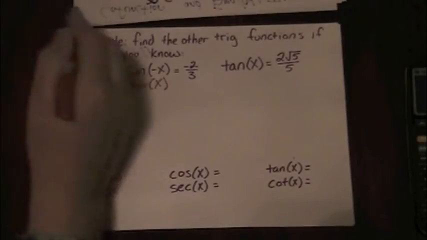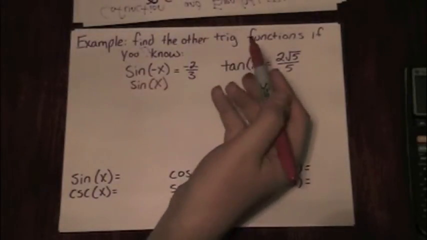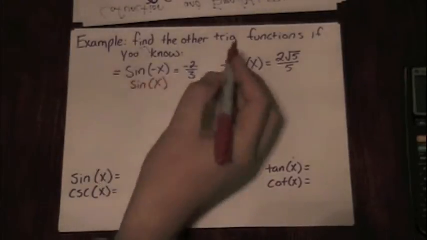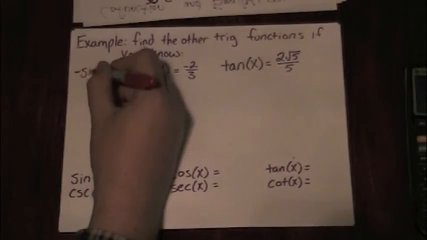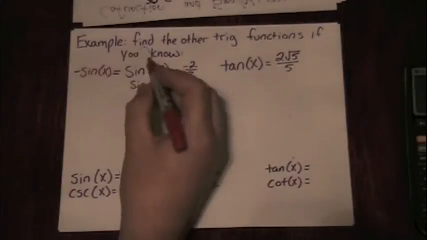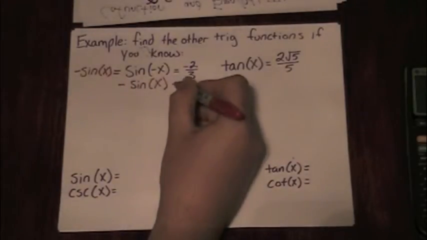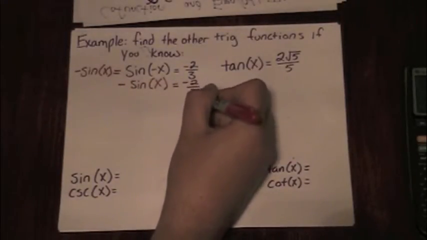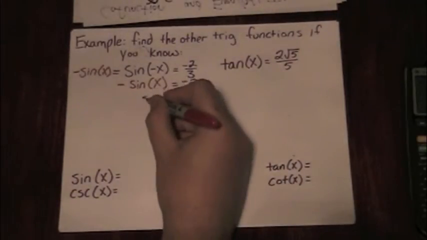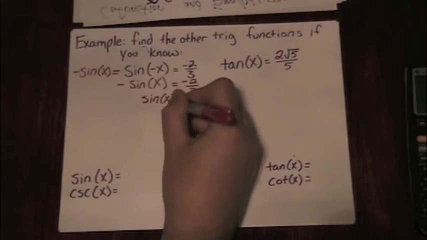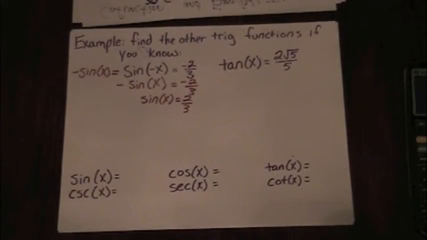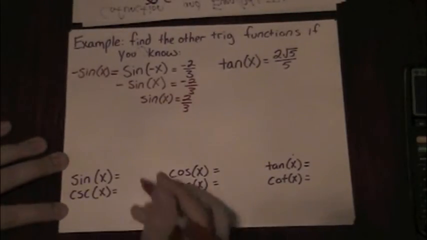And if I look at this a little bit more closely, I can tell based on my even-odd identities that the sine of negative x is the same thing as saying negative sine of x. Okay, so if negative sine of x equals negative 2 over 3, does it stand to reason that sine of x equals 2 over 3? Okay.